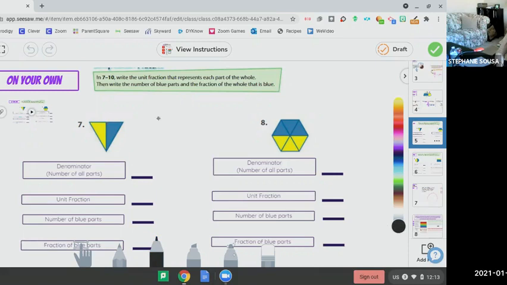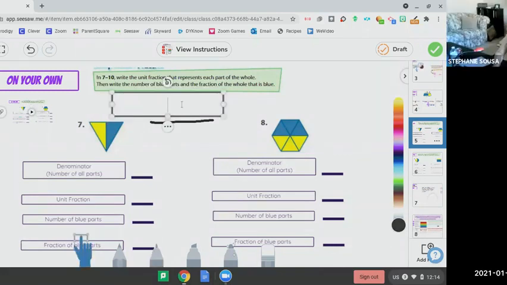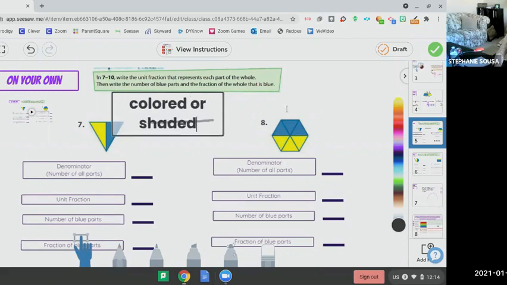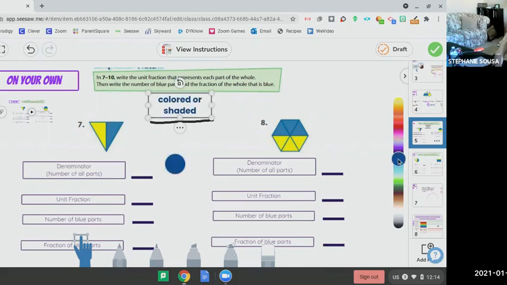Go ahead and put a fraction bar in between your two pictures. On the top, I want you to write colored or shaded. In this example, it happens to be the color blue.